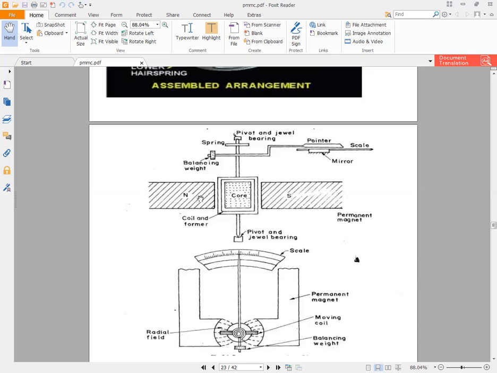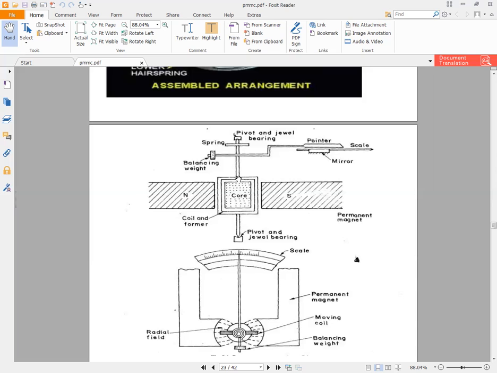It has two poles, N and S pole. These permanent magnets are made up of ferromagnetic material. It produces the magnetic flux. Second one is the aluminum cylinder, or aluminum former, or iron cylinder.